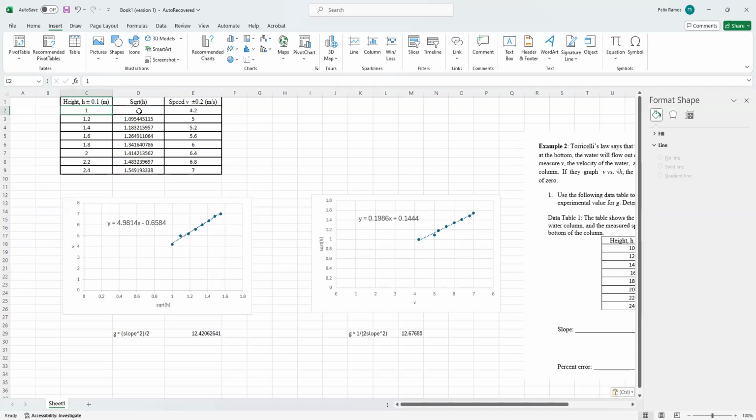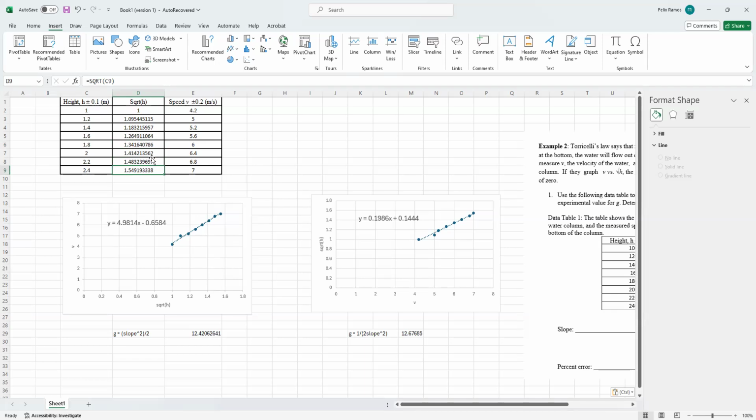So find me the square root of h for the first value of h, and like that I did it for all the other values of h. So I found the square root.